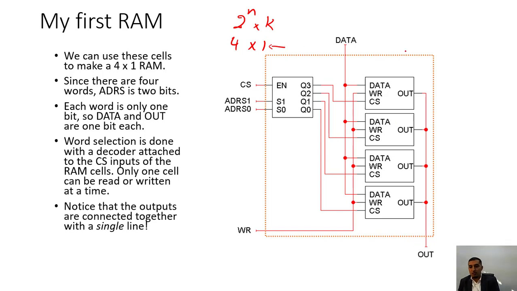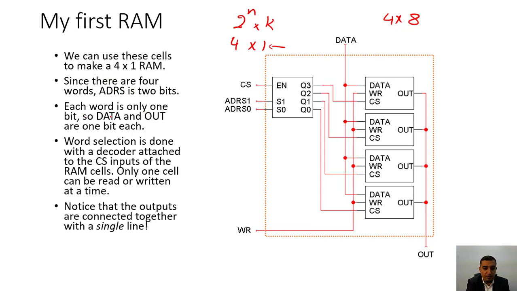If I tell you I have 4x8, this means I have 4 rows and 8 columns. Each row or each memory location can hold 8 bits. But over here we have 4x1, so each memory location can hold only 1 bit. Now, since there are 4 word addresses, we need 2 bits.